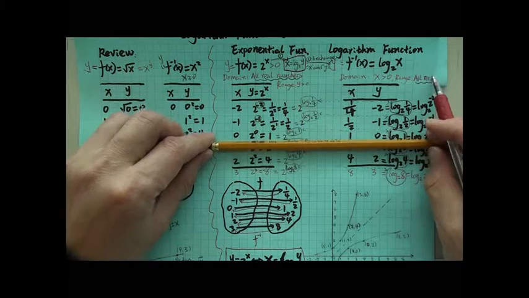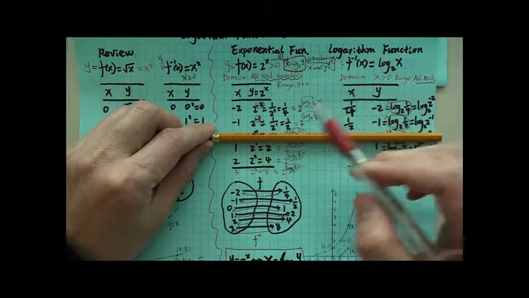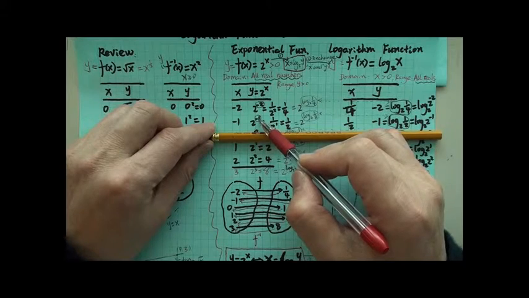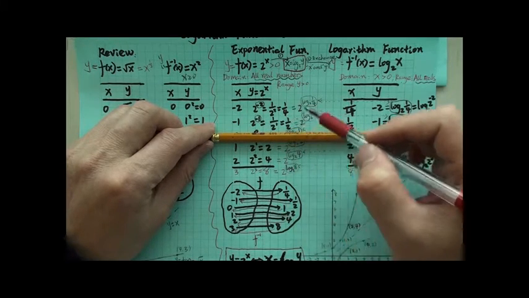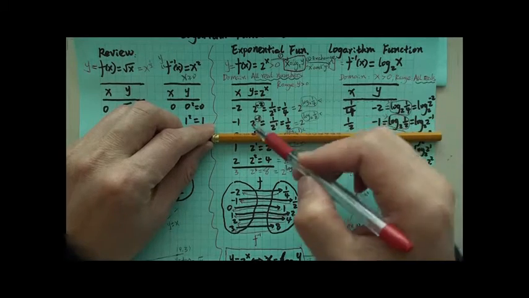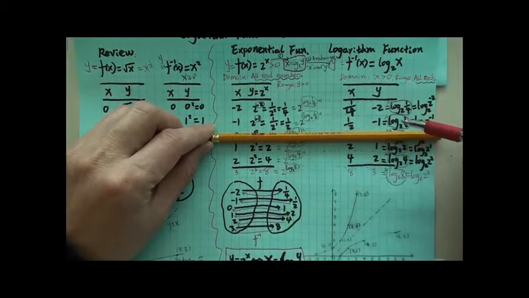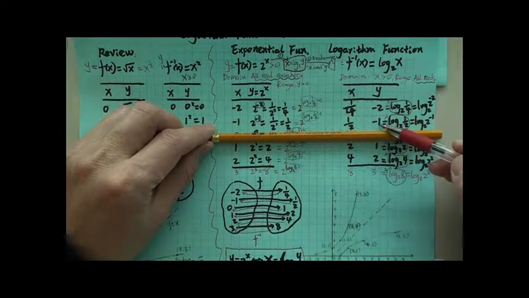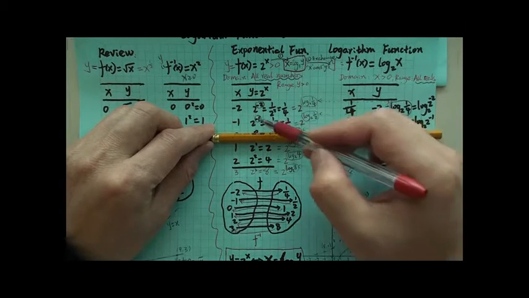Okay? And so is the case right here. See, the base is 2, to the exponent -1 is 1/2. Then we do log base 2 of 1/2, which is -1. That's the exponent.